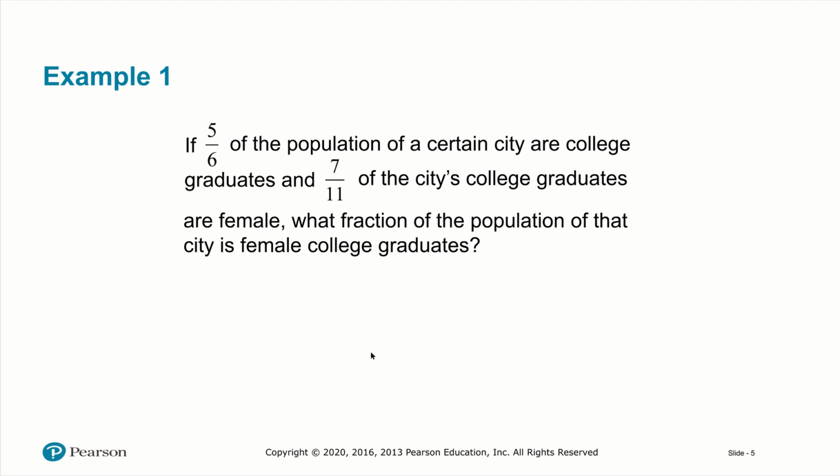Because we know 5/6 of the population are college graduates, so we want to know what 7/11 of that 5/6 will represent. So what we're doing here is a multiplication problem, like so. So we get 35 over 66. That's the fraction of the population of the city that are female college graduates.